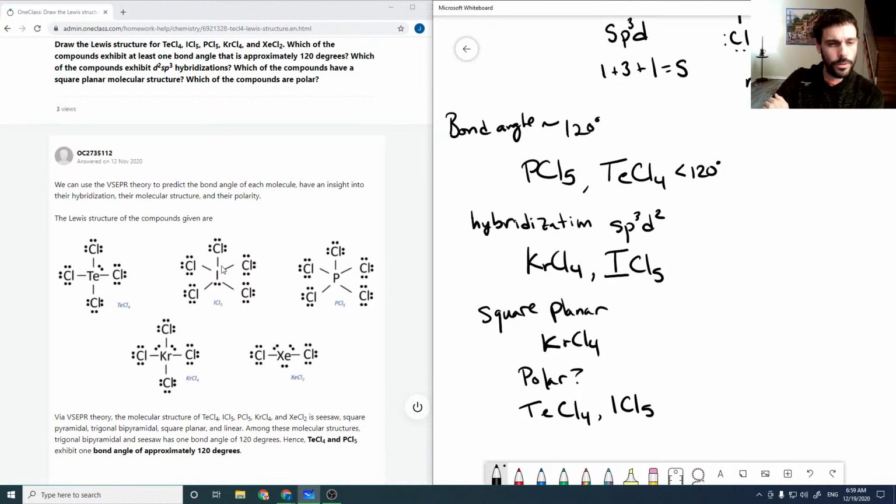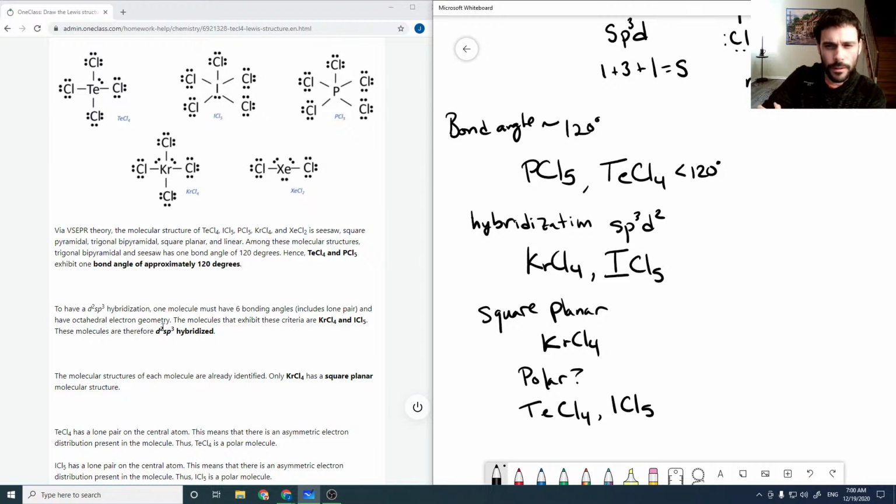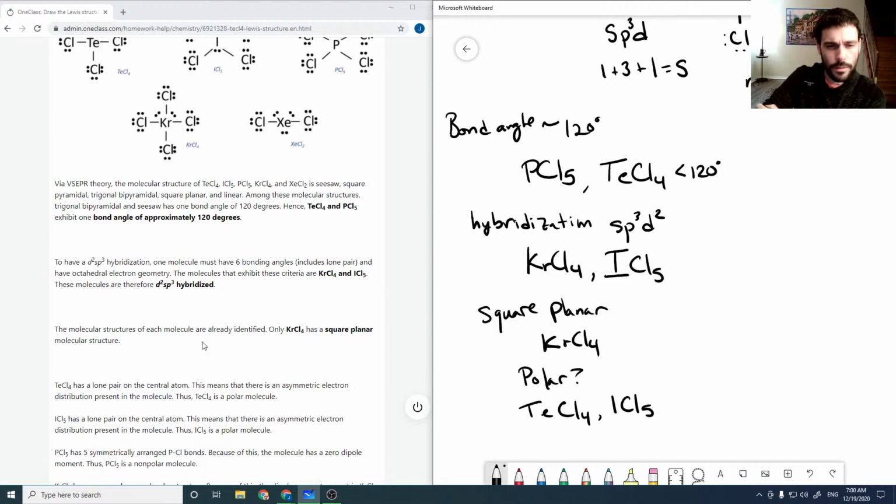Okay, so going through the solution given, this looks roughly like our structures. So TeCl4 and PCl5 should be roughly 120. KrCl4 and ICl5 should be sp3d2 hybridized.